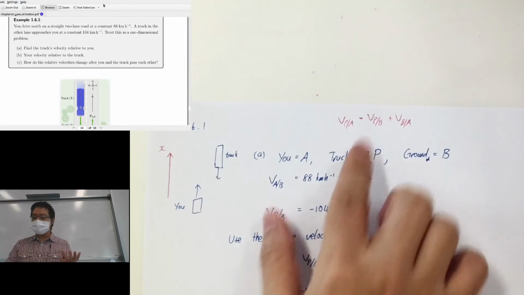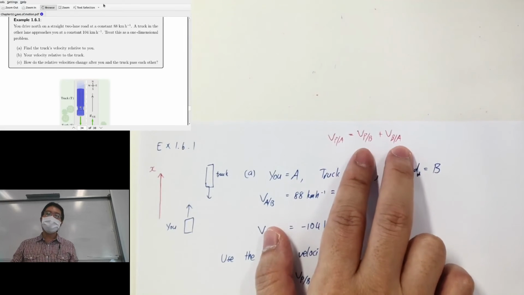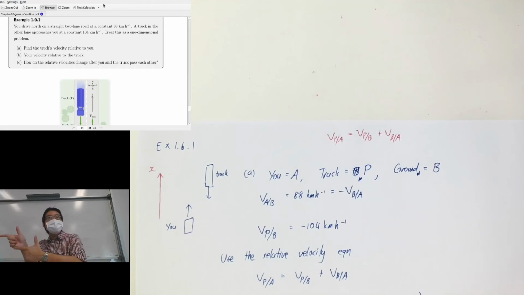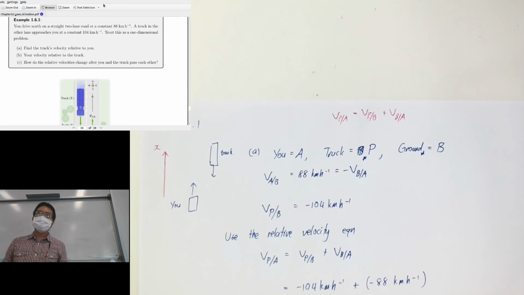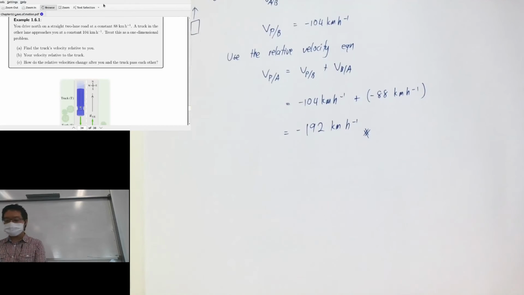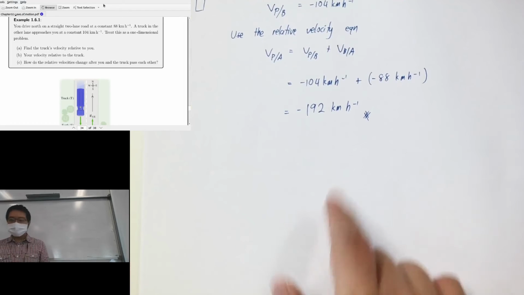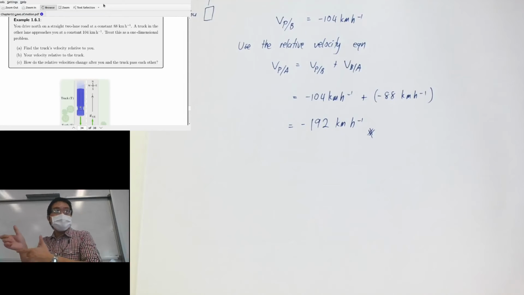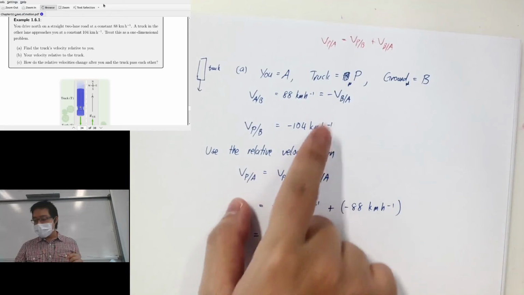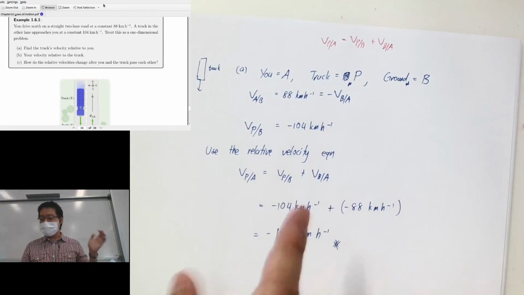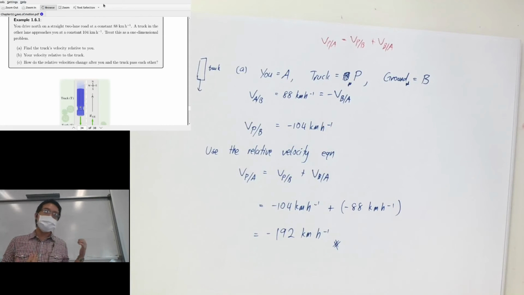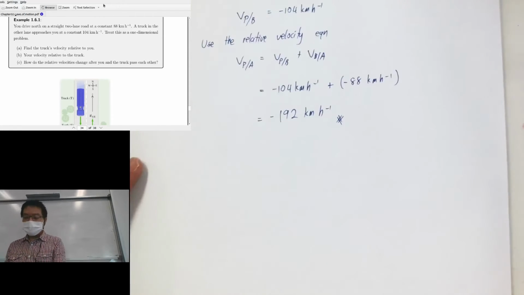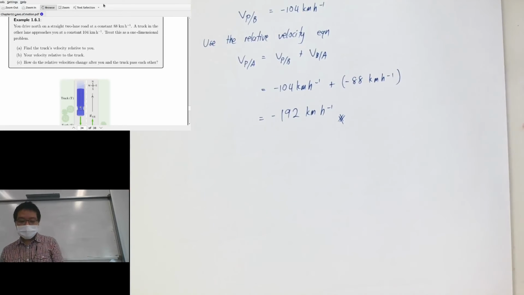The reason is that the formula we were deriving assumes everyone points in the same direction. So just to make your life easier, take everyone to be the same direction. Therefore, the truck is moving in the negative direction, but you should still get the same answer.